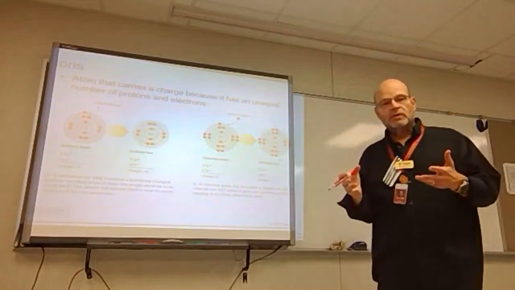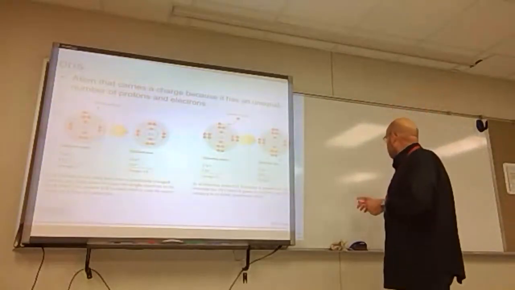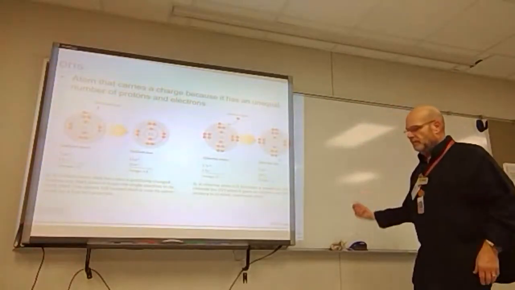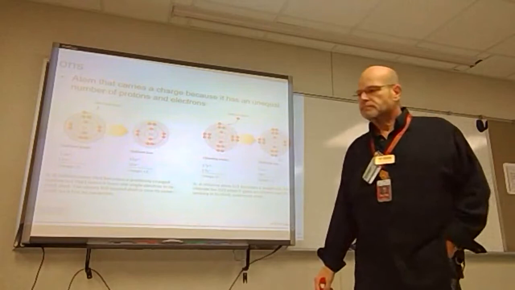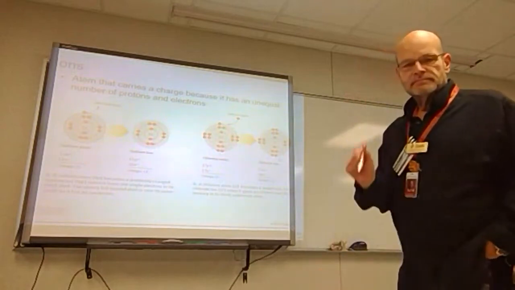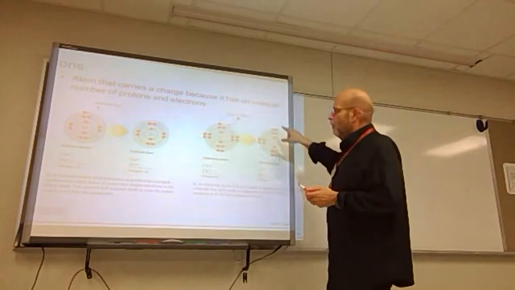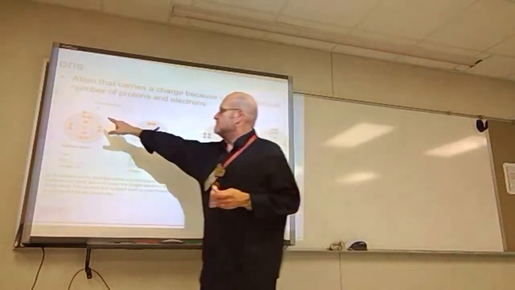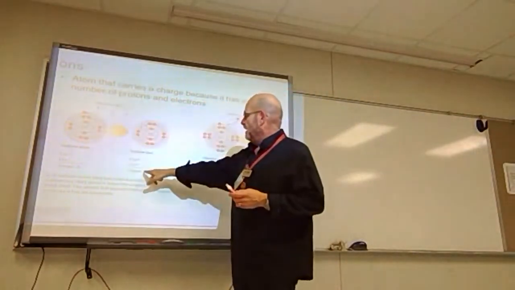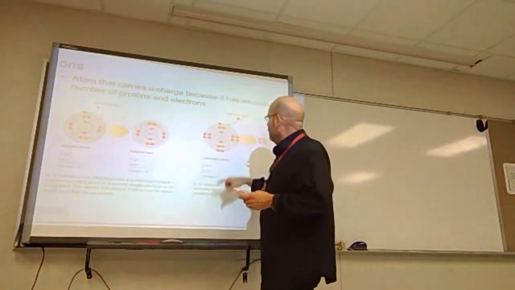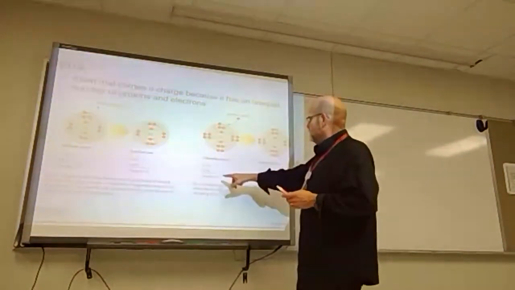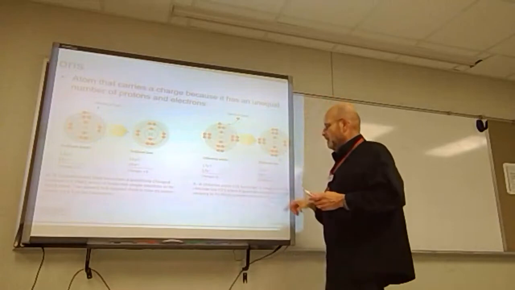If it's lost 2 electrons, it's now going to have more positive charges, so it's going to be a +2. Make sense? Thank you. All right, so again, this is just a pictograph of what would happen. You see the sodium has a single electron, it loses it. It now has a charge of +1. The chlorine gains an electron, so now it has a -1 charge.